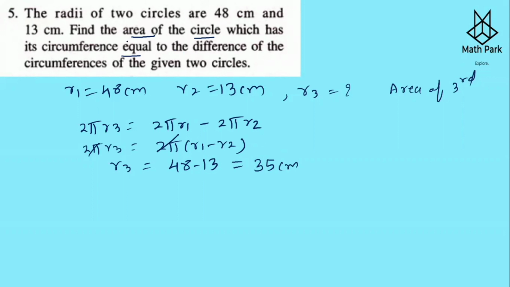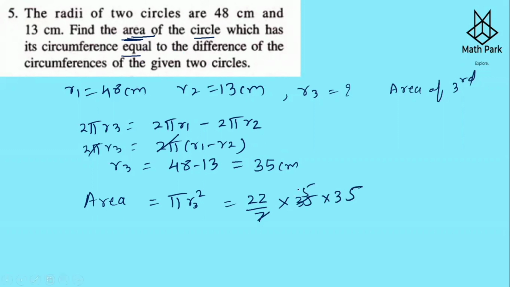Now you are asked to find the area of the third circle. So we have the area of the third circle is equal to pi r3 square, which is 22 by 7 into 35 into 35. 7 5s are 35.